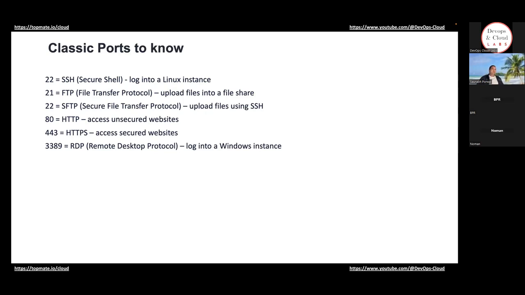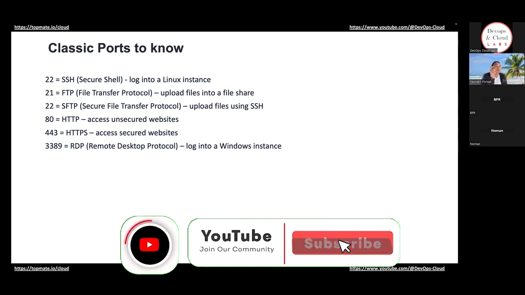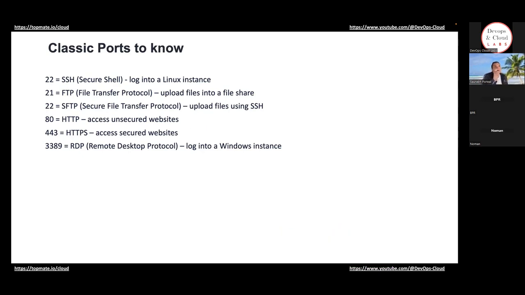Whenever you're running a web browser, your web browser will attempt to communicate with an application using two things. One is your IP address, and the next one is your port. So it's a combination of IP address and port where your application is made available. It's not just the IP address.